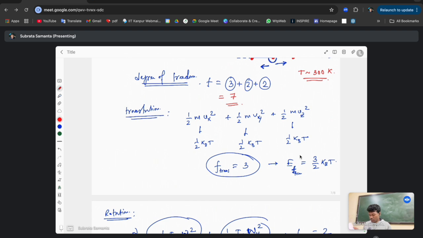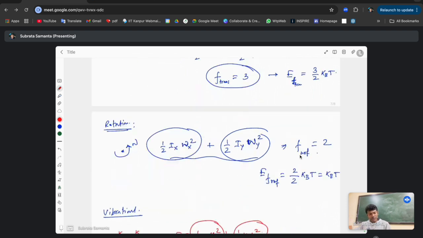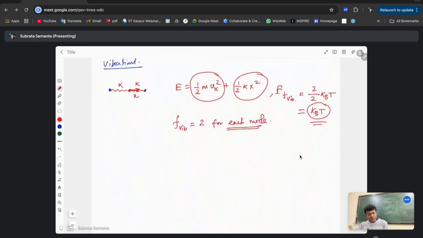Let's do one more problem. Let's say we have this type of molecule with only two atoms, A and B. What is the degree of freedom? In this case, the number of degrees of freedom F is 5, right?